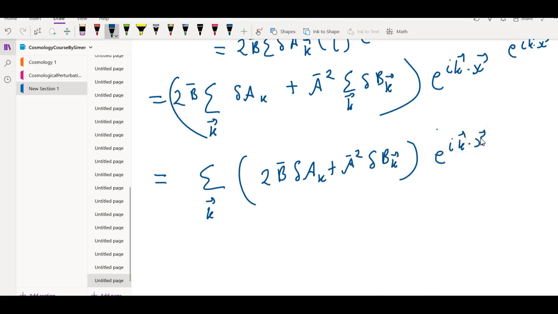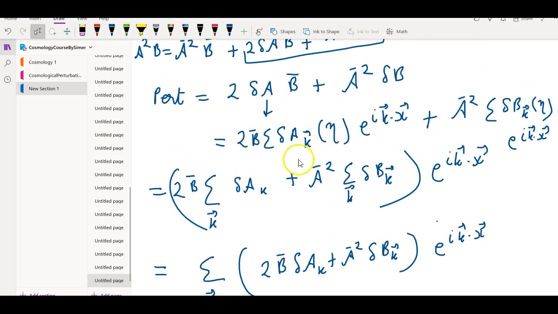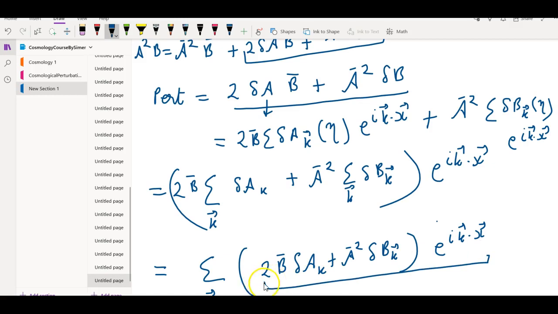Now you see that this equation is exactly the same as the original perturbation equation in the Euclidean space, except with Fourier coefficients. So this is the original perturbation equation in the Euclidean space, and this is the perturbation equation in the Fourier space. Because of the linear nature of perturbations, I am just replacing the perturbation value with its Fourier coefficient, and then of course I have this e to the power i k dot x and this summation sign.